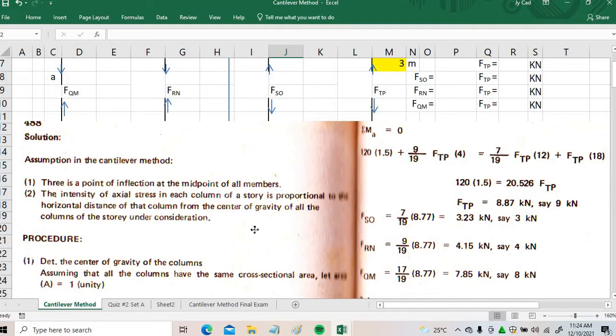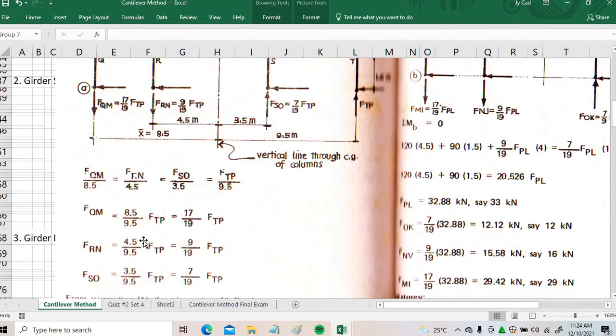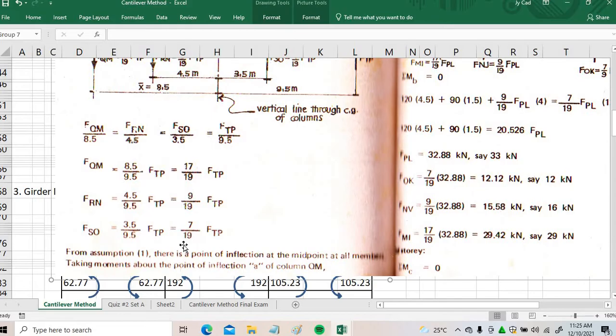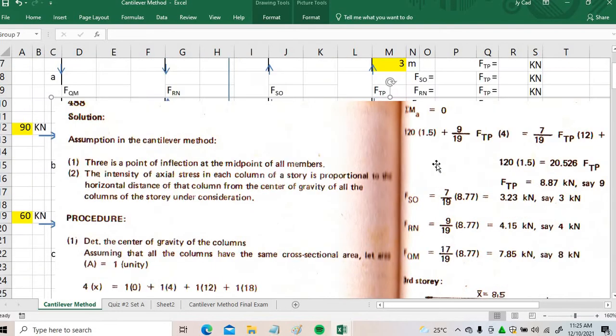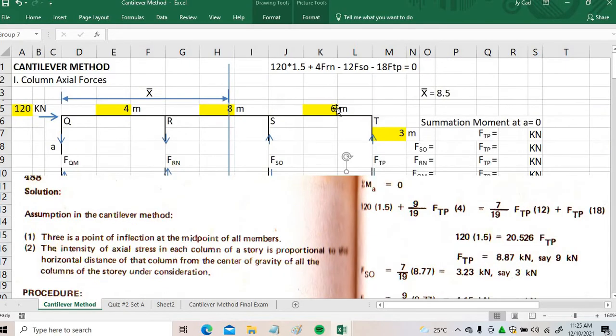From the ratio and proportion na ginawa natin kanina, remember that FRN is 9 all over 19 FTP, FSO is 7 all over 19 FTP. So we will be substituting this to FQM, FRN, and FSO, which boils down to this equation.